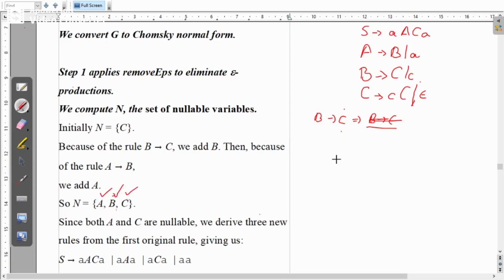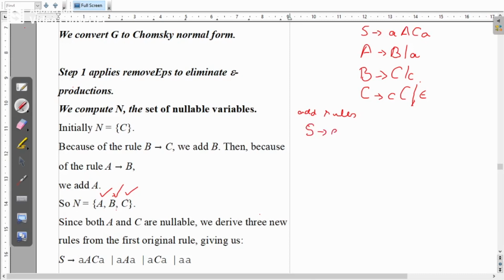Now, once we identify the nullable set, we have to generate new rules. First, coming to S gives ACA, which can give you additional rules. What are the additional rules? We can add rules from the first one like this.